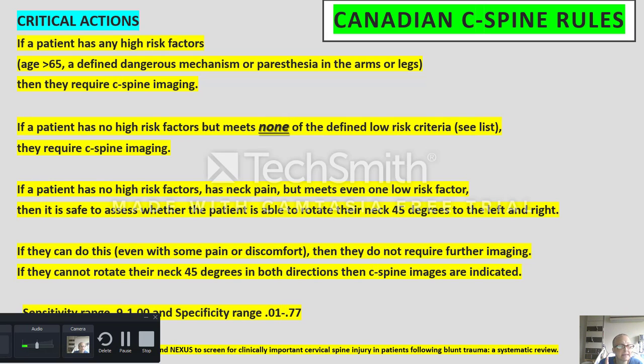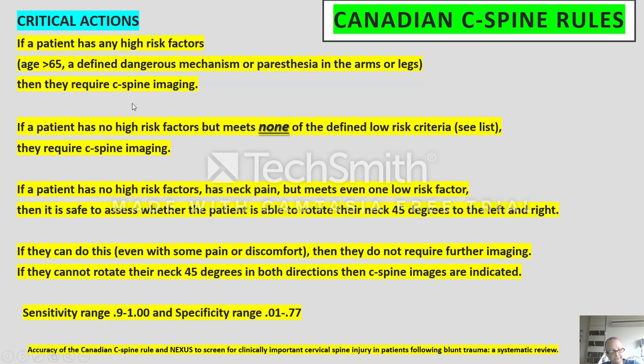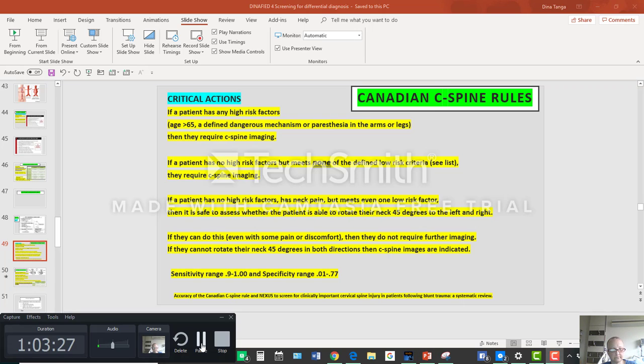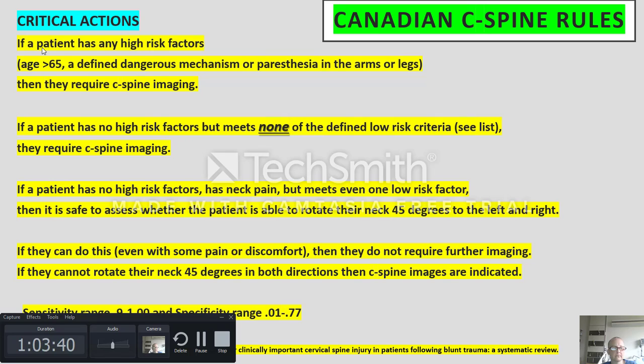If a patient has any high-risk factors, age greater than 65, a defined dangerous mechanism, or paresthesia in the arms and legs, then they require C-spine imaging. I got interrupted again. That's okay.